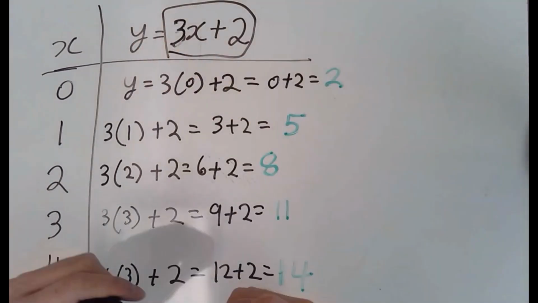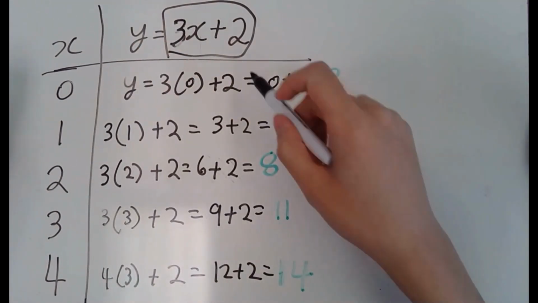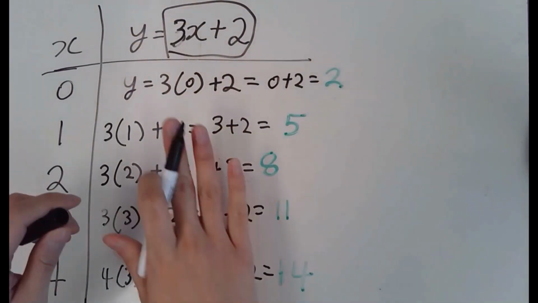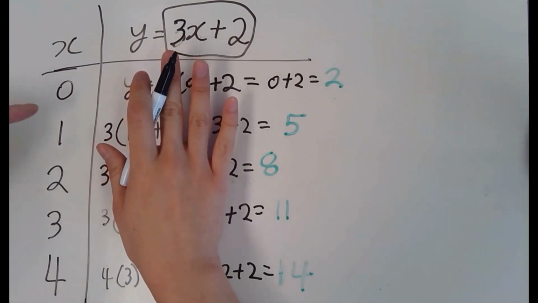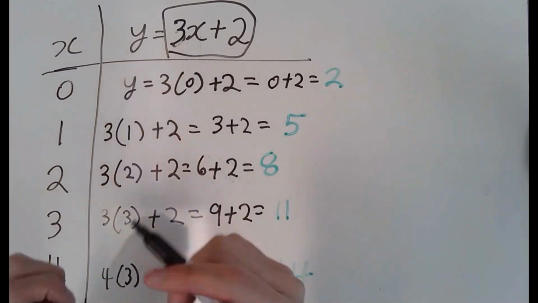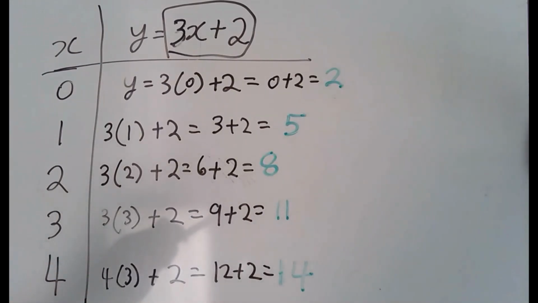So what we're going to do today is figure out the equation y is equal to 3x plus 2 when we're just given x is equal to 0, 1, 2, 3, 4 and y is equal to 2, 5, 8, 11, 14.